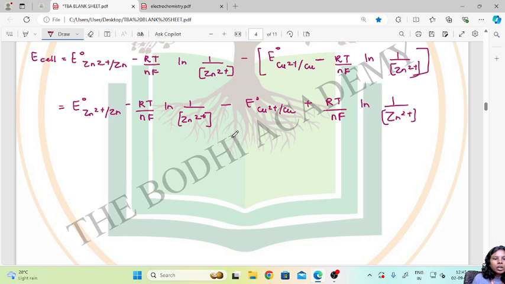Now we can take out the common terms. So this and this we can take out. So E naught Zn2+/Zn minus E naught Cu2+/Cu.